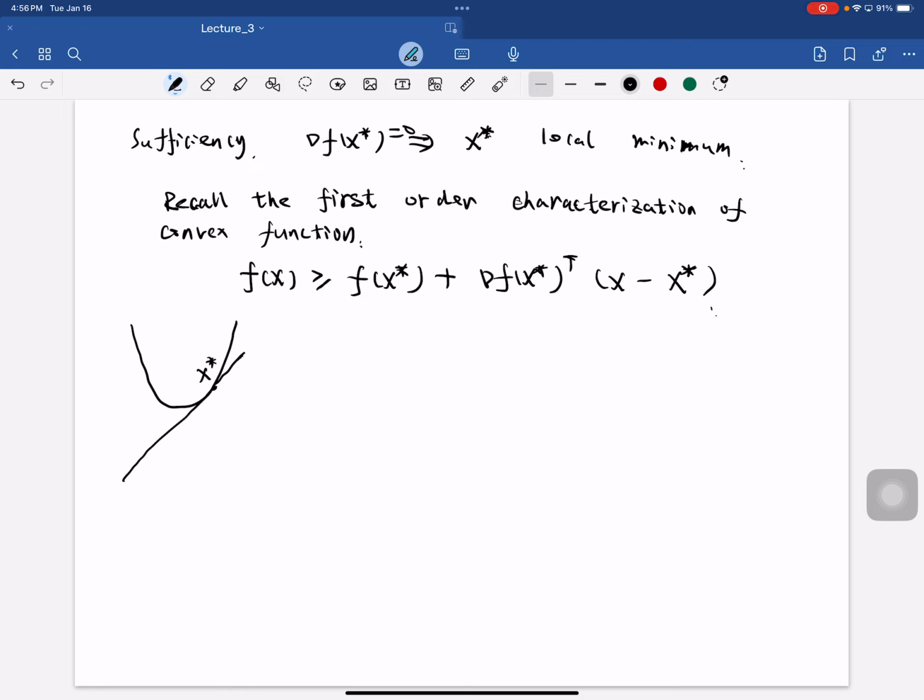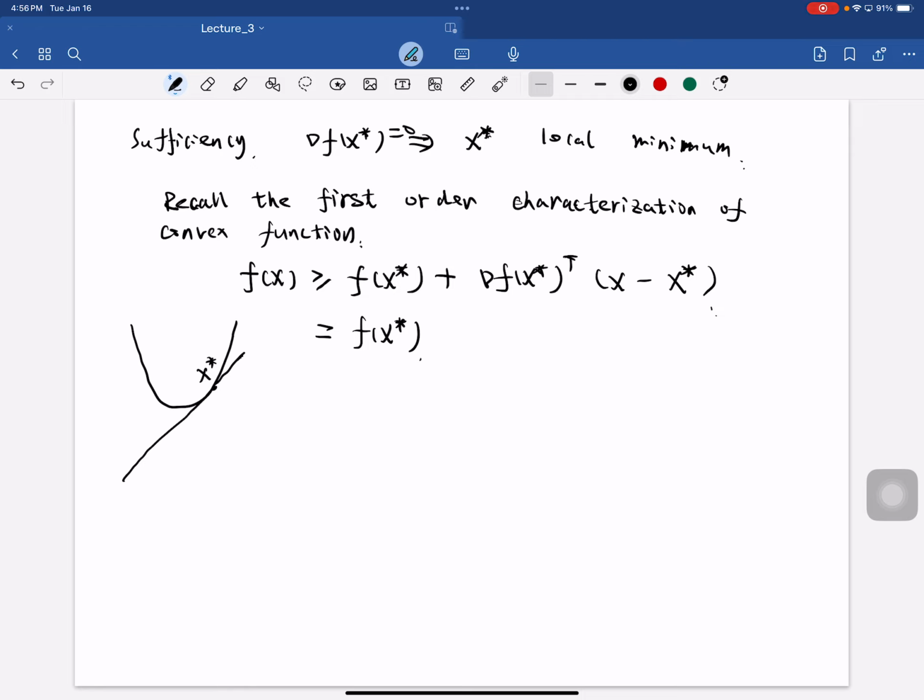Now we know that f(x) is convex, and also the gradient at this point x star is 0. So this part will all be 0, since the gradient is 0. Then this will just be equal to f(x star). In other words, if you pick an arbitrary x, f(x) will always be greater than or equal to f(x star).